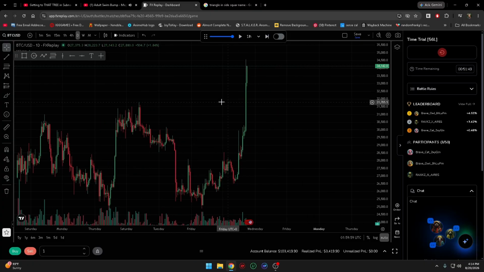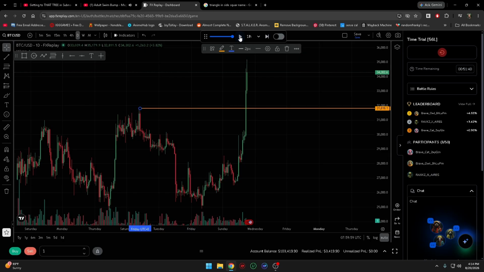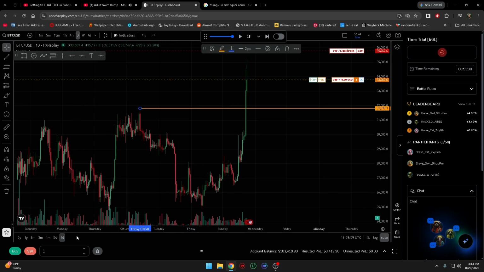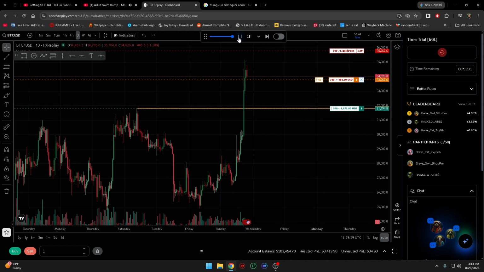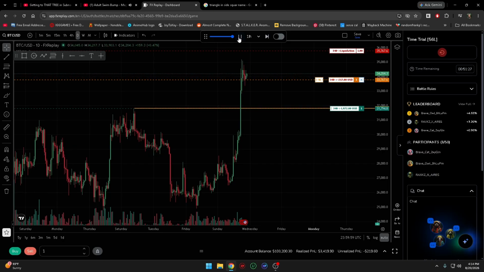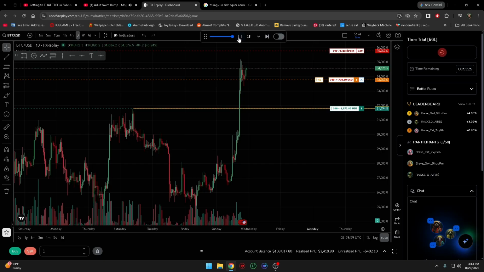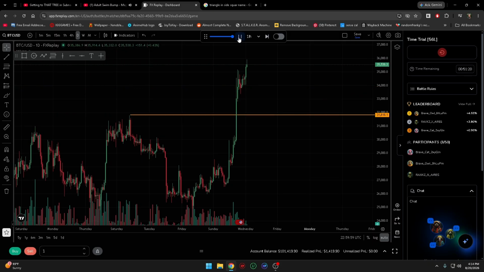Then if I guess it pulls back down into this high it broke. Perfect for me.